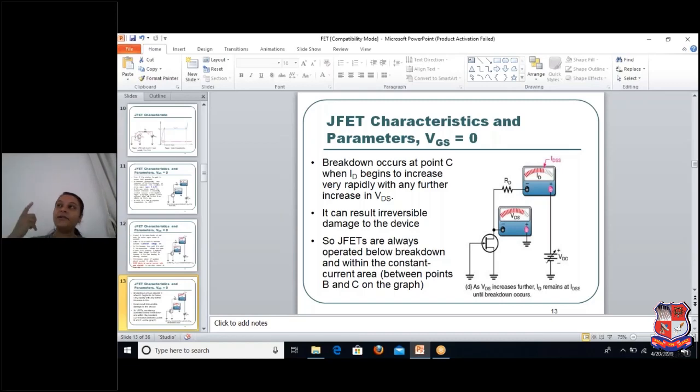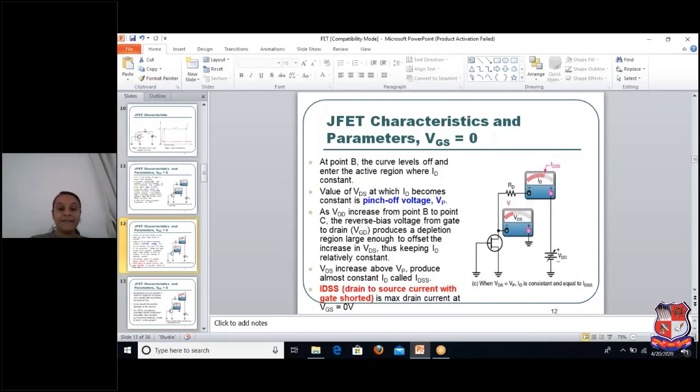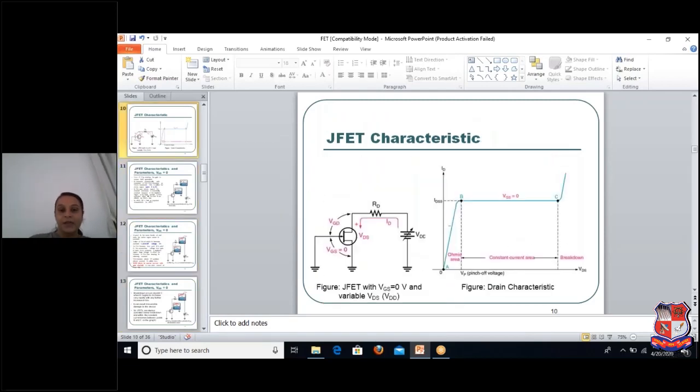Whenever your drain current increases after the breakdown, the device will be damaged. So the JFET is always operated below the breakdown and within the constant area. You can see in the graph that the JFET is operated between B and C. This region is known as the active region of the FET.